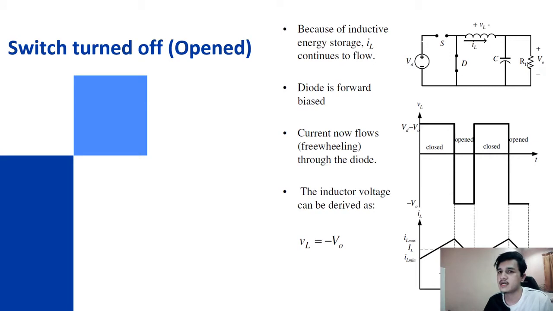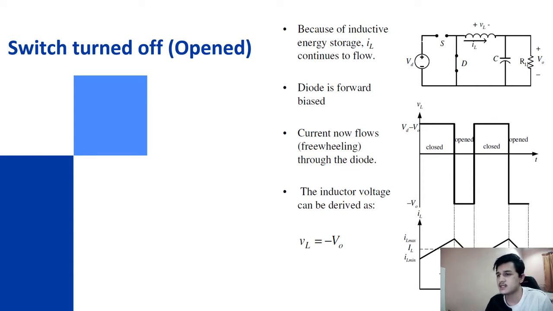And then the switch turns off, or opens, for step down or buck. First, because of inductive energy storage, IL continues to flow, the diode is forward biased and current now flows freewheeling through the diode.